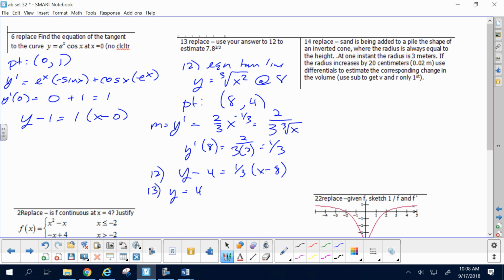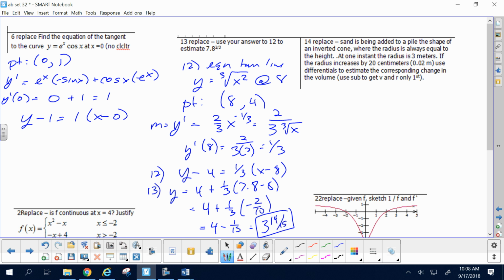Y then is 4 plus 1/3 of 7.8 minus 8, or 4 plus 1/3 of negative 2/10, or 4 minus 1/15. So your answer should be something like 3 and 14/15. Do you have that right? Yes. Okay. How about 14?